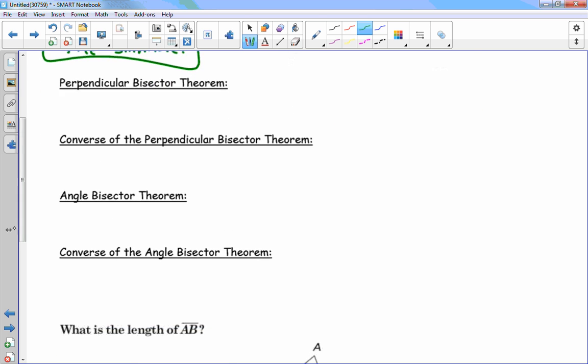Okay, perpendicular bisection theorem. Who can tell me what perpendicular means? The intersect, yes, but what angle? 90 degrees, yep, the intersect is a 90-degree angle. What does bisector mean?